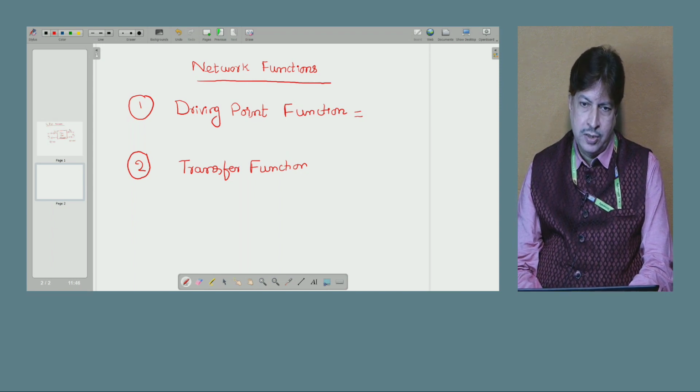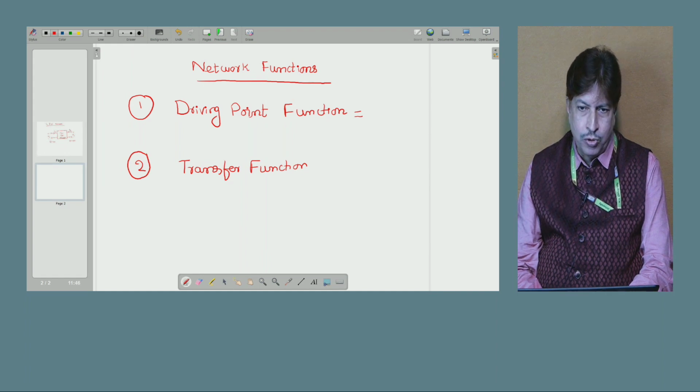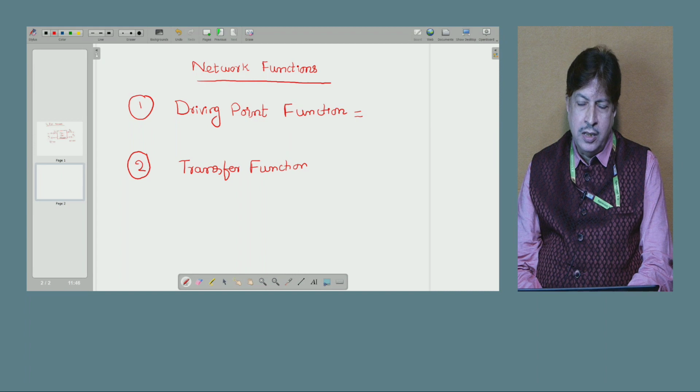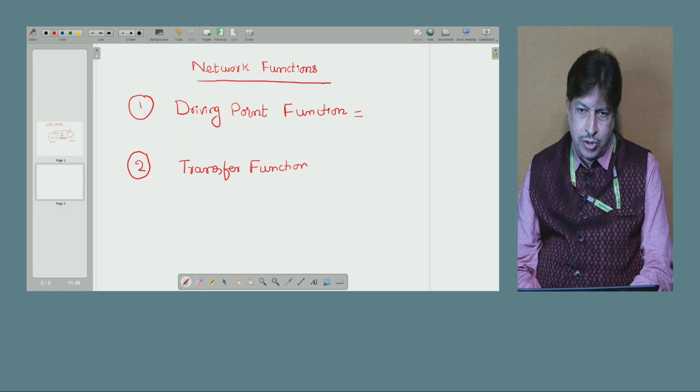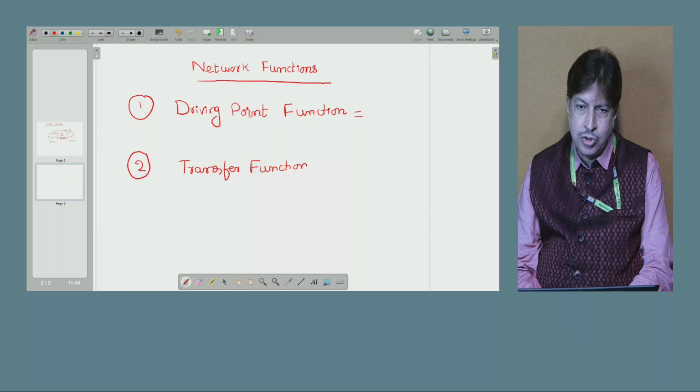It means, suppose the numerator is voltage of the input port, denominator is the current of the input port. When we take the ratio, both numerator and denominator belong to the same port.